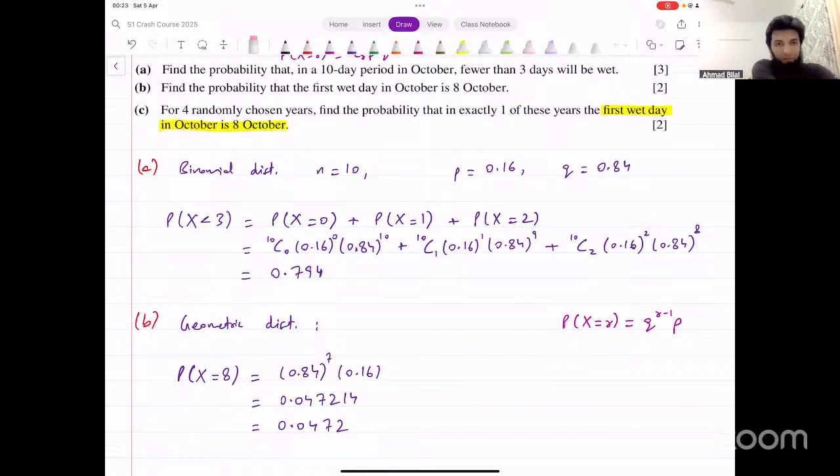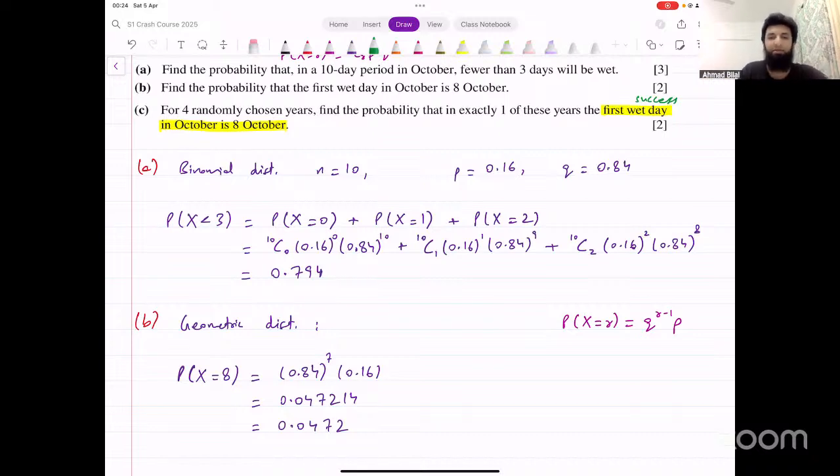We're talking about 4 years, and we want the probability that one of those years satisfies this condition. If we call this condition a success, so a year is successful if in that year, the first wet day in October is 8th October.